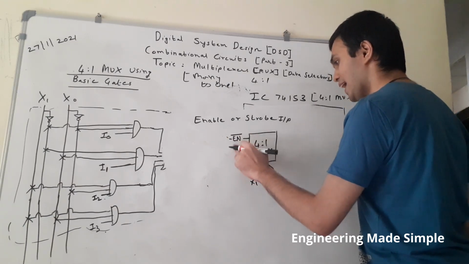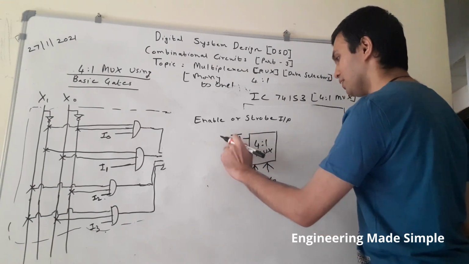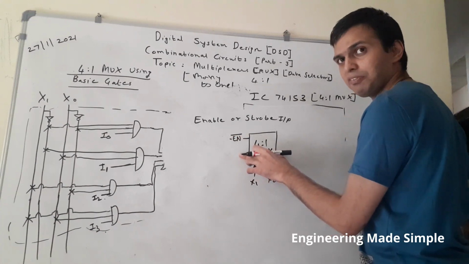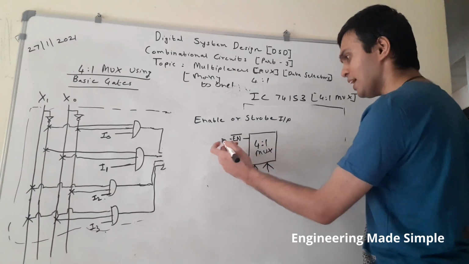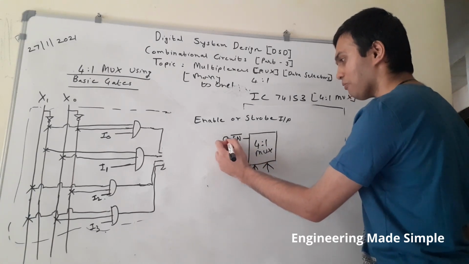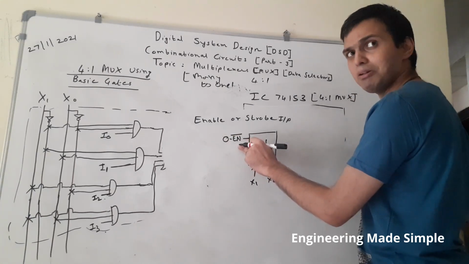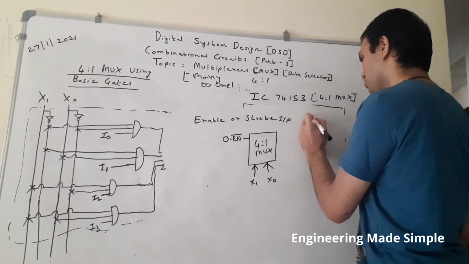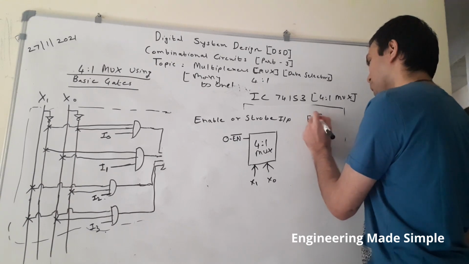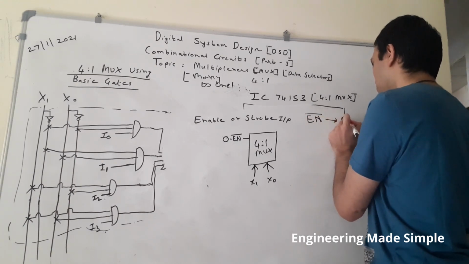So in that case, if I want this circuit to function as a multiplexer, in order to activate the circuit, I will have to apply logic 0 at the enable bar input because it is an active low input, EN bar. So this complement is nothing but an active low input.